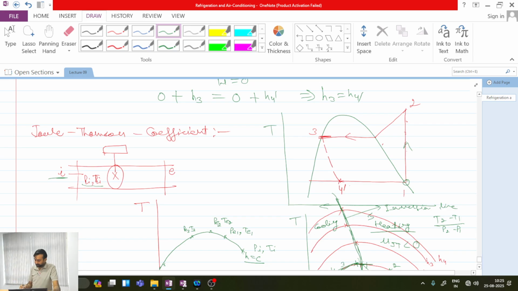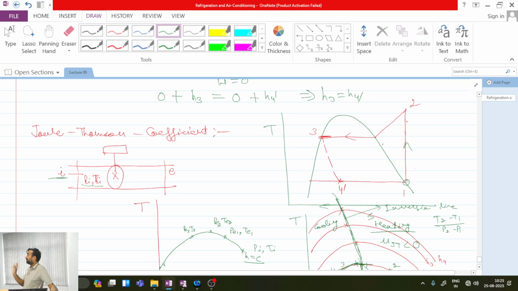Now in this cycle, what will be the refrigeration effect? The specific refrigeration effect, that is the refrigeration effect per unit mass flow rate, is H1 minus H4 dash. Okay, and H2 minus H3 will be my heat rejection, and H2 minus H1 will be the work.